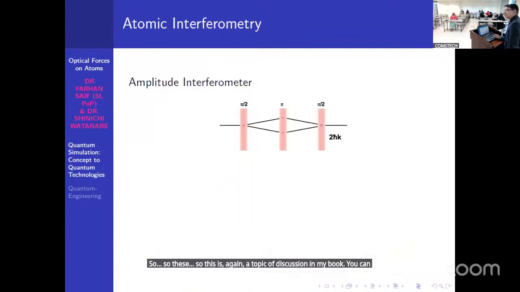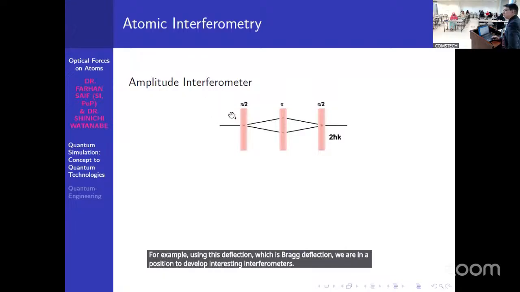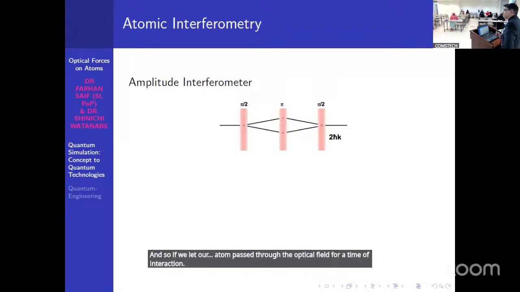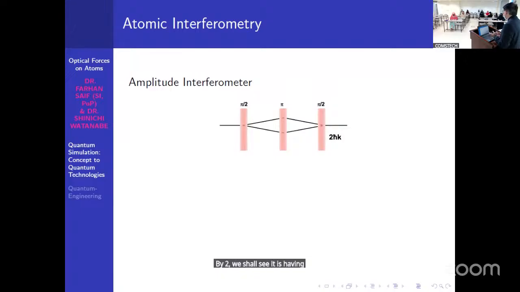You can see, and the interesting thing is that this simple understanding is now going to help us in developing good experimental setups for atoms. So for example, using this deflection, which is Bragg deflection, we are in a position to develop interesting interferometers. If we let our atom pass through the optical field for an interaction time of pi by 2, we shall see it has equal probability of being deflected and not deflected.